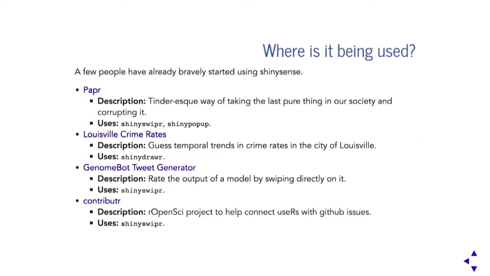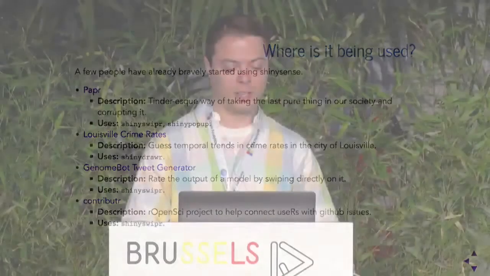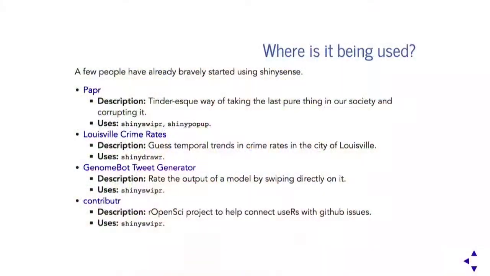So where is shinysense being used? A few people have actually started using this, which is scary because it's very raw and very buggy at this point. Like I said, Paper, which is a Tinder-esque package, uses Shiny Swiper and Shiny Pop-Up. Somebody made a Louisville crime rates app where they took a bunch of the drawer things and made people guess the crime rates in Louisville, Kentucky, which is in the US.